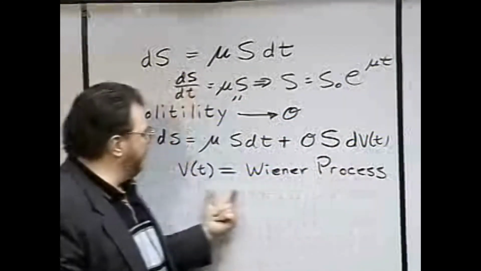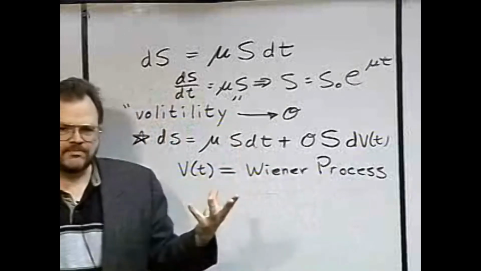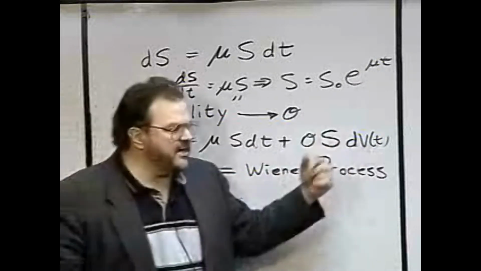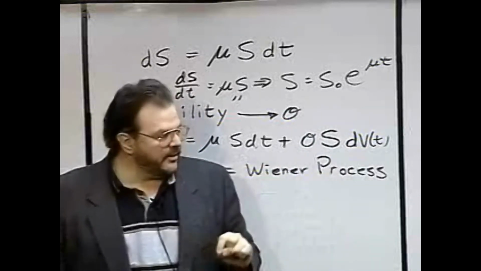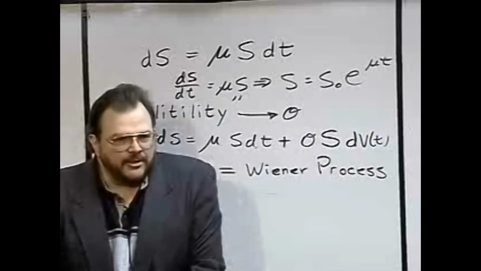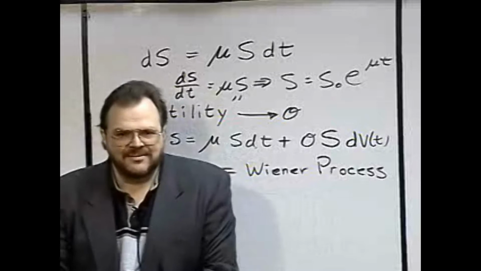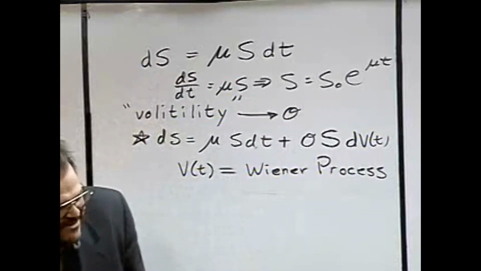Now let's look, if V of t is a Wiener process, and say it's a Wiener process which is by a Bernoulli trial, what is dV? That's a small increment in a Wiener process, right? But what's a small Wiener process increment? It's either a step to the left or a step to the right, right? That's what a small dV is.